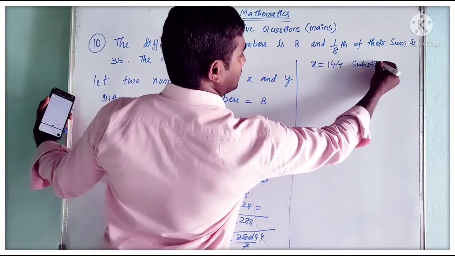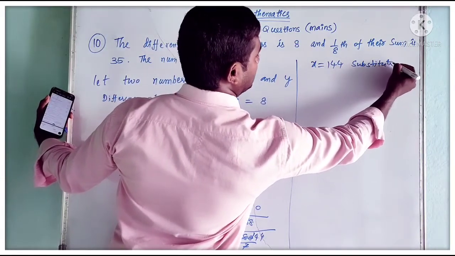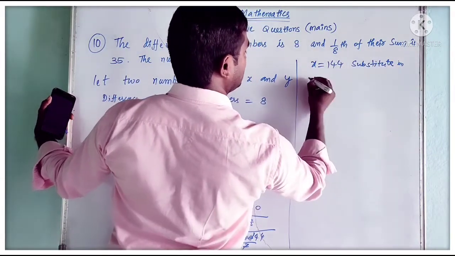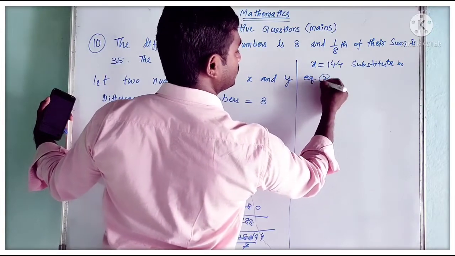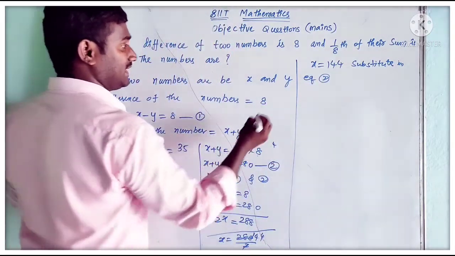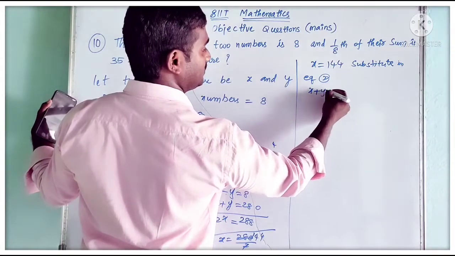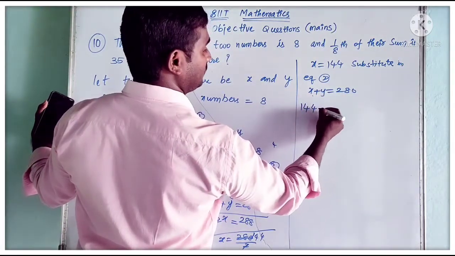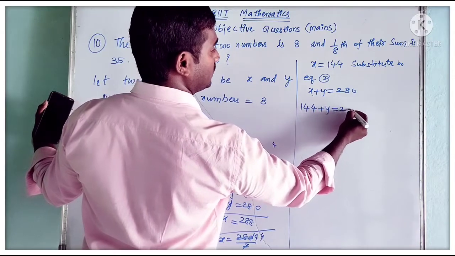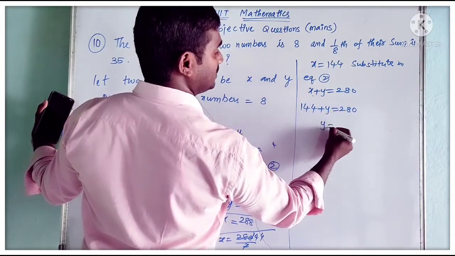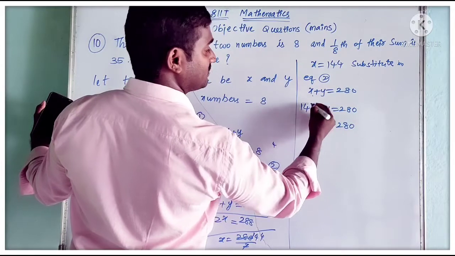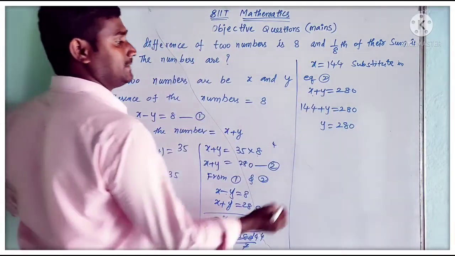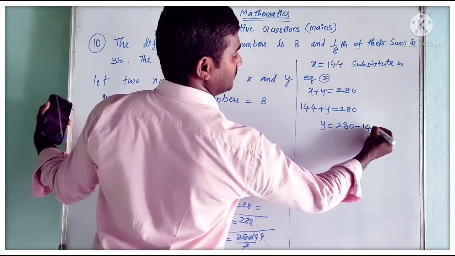Substitute in equation 2. x plus y equal to 280. x is 144, so 144 plus y equal to 280. So y is equal to 280, and this 144 if you transpose to the right side, it becomes minus 144.